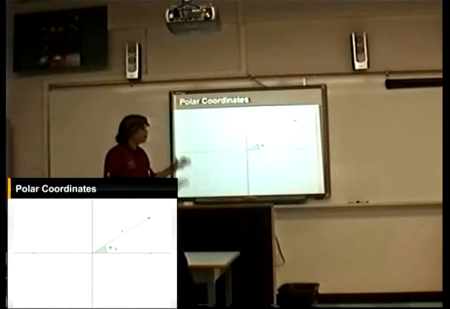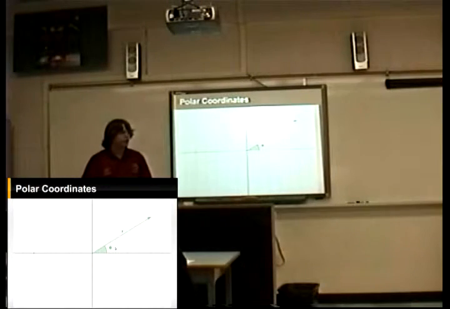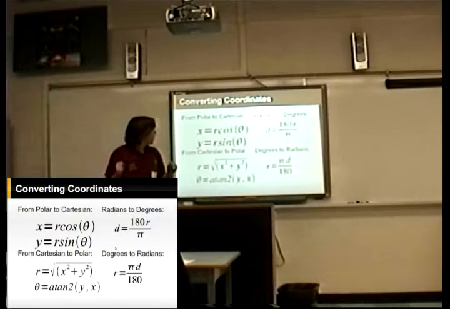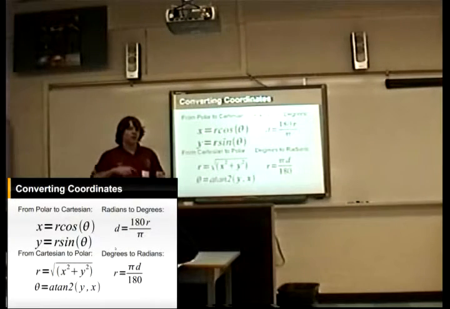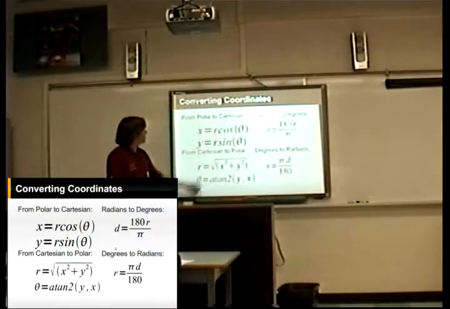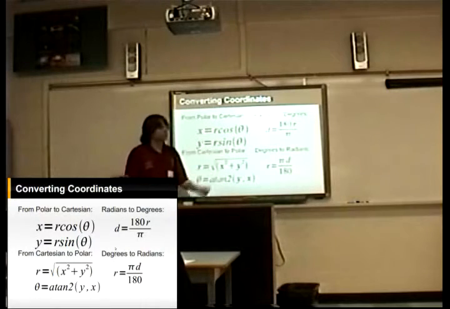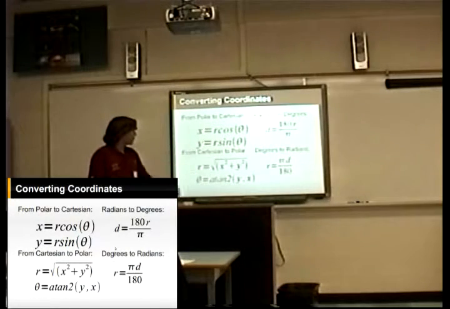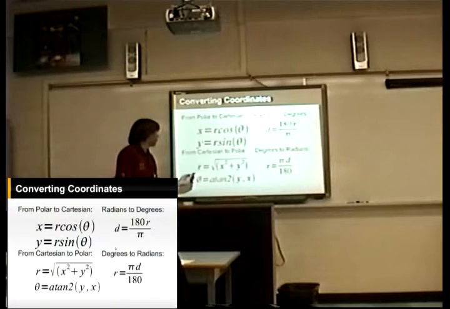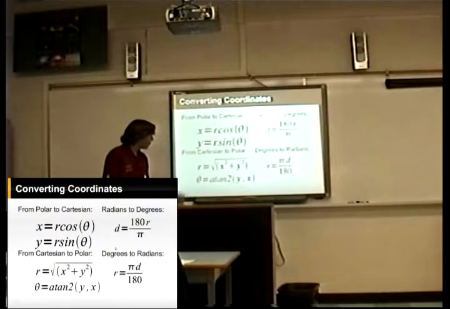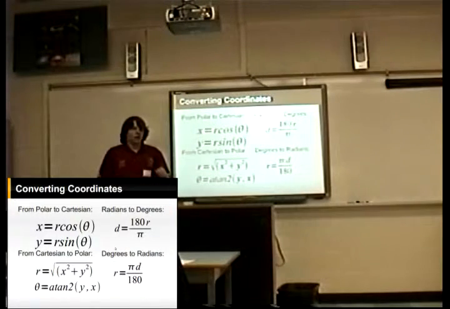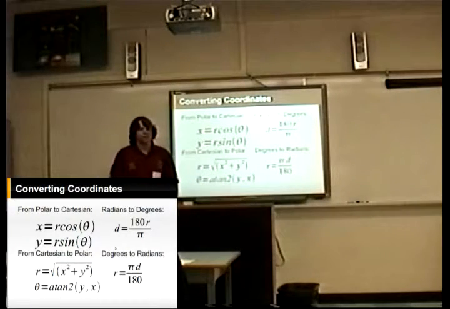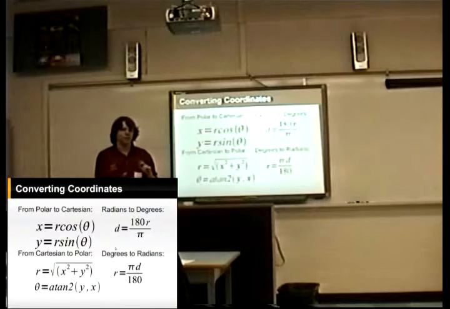So because both of these coordinate systems are useful, we need a way to convert between them. To convert to Cartesian coordinates is just a little bit of trigonometry. And then to convert back to polar coordinates, we'll use a diagram here. But also, something that isn't really common in math is what's called the atan2 function. On your calculators, most will have a button that says inverse tangent or tan -1.